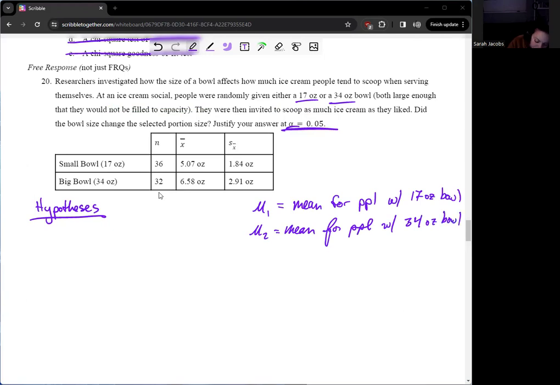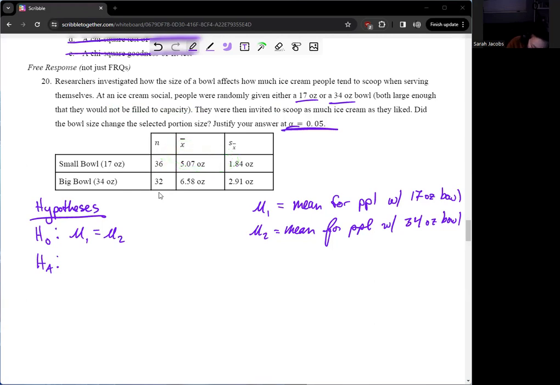So then, since it's two means, and I'm comparing them, my null is always going to be that they're equal to each other. Mu1 is equal to mu2. The alternative hypothesis is, well, the smaller bowl had a smaller mean.